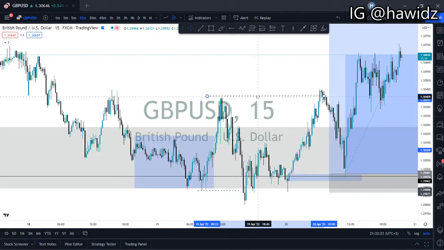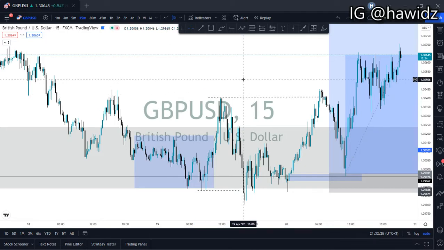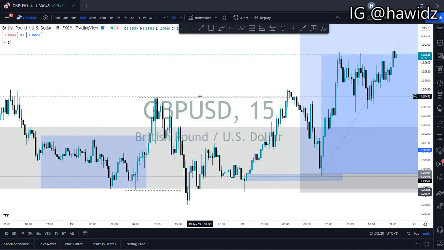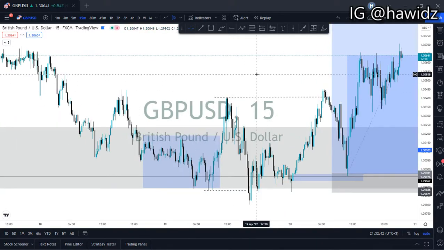So I was waiting for this major structural point right here in the intraday time frame to be broken, and the minute this candle breaks, as you can see, it breaks and it closes above, right? So the minute this candle breaks the structure here, I said, okay, it's time to go bullish on this.